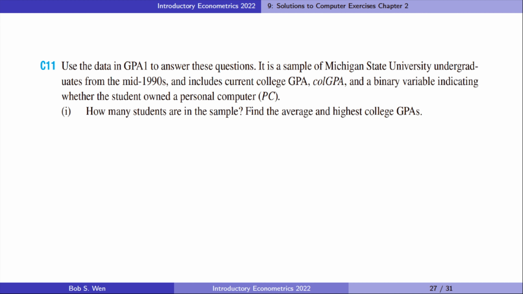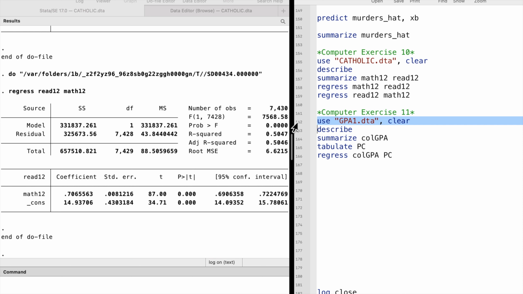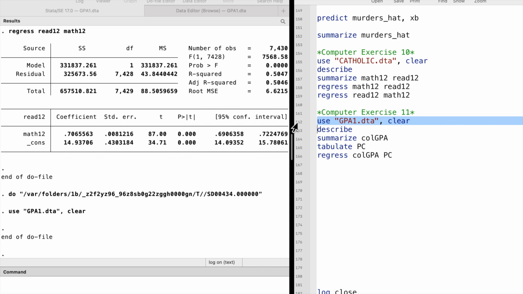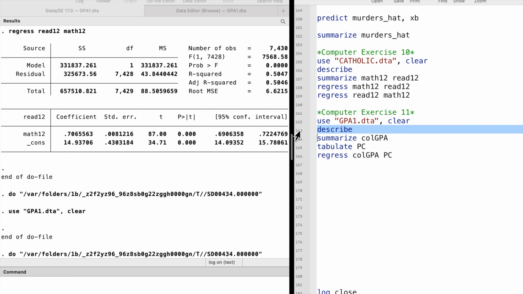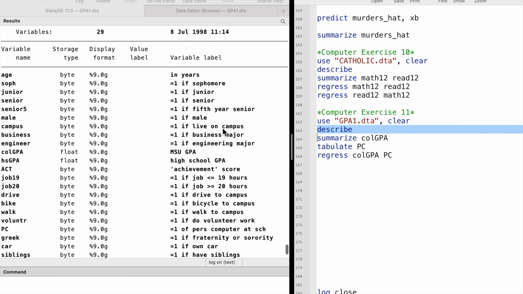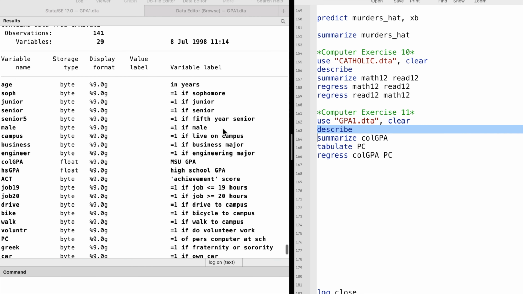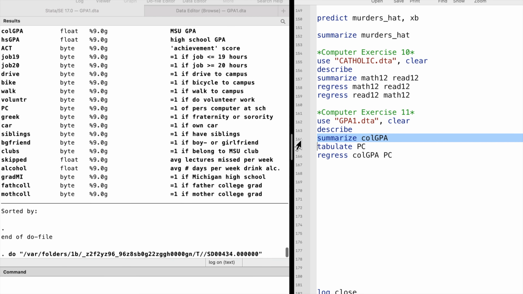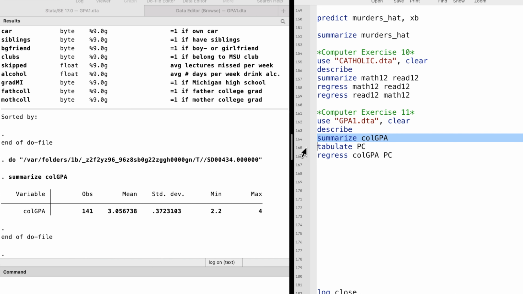Eventually, we arrived at the final computer exercise. We used the dataset GPA1 to answer the questions. There were 141 students in the sample.